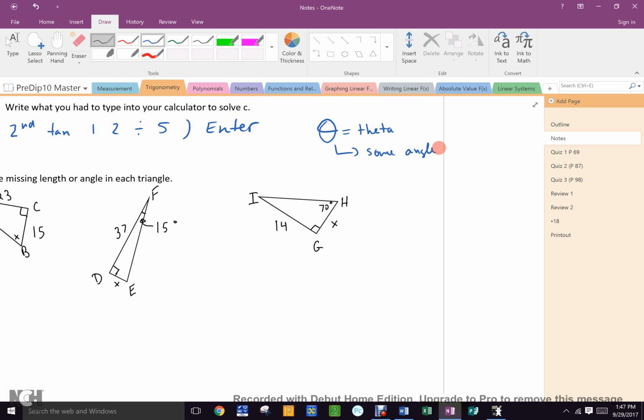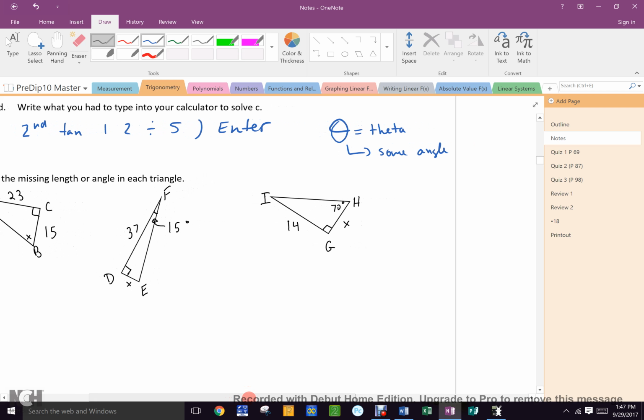Is everybody cool? Okay. So now we have been given 3 symbols for trig that we work with. We work with theta, we work with opposite, and the symbol for that is O, and we work with adjacent, and the symbol for that is A. Now you guys all were in pre-dip 9, I believe, which means you all know that there's other stuff than just tan.